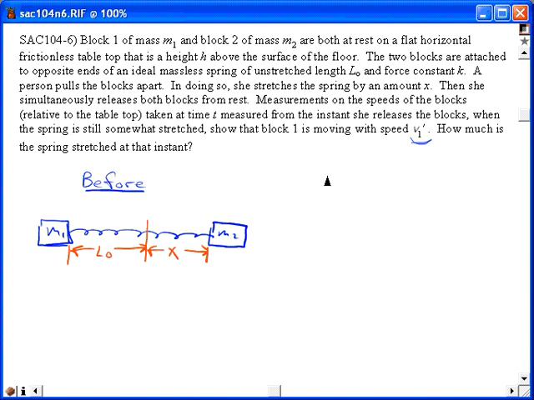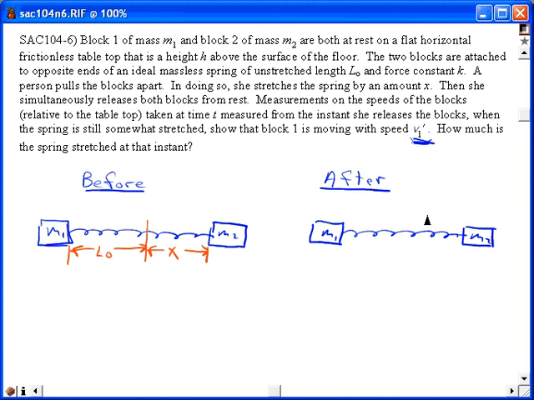We choose an after instant. And of course, I'm going to pick the after instant to be that instant when the speed is v1 prime, since they're asking us about that instant. The blocks are closer together, but the spring is still stretched, just not as much.